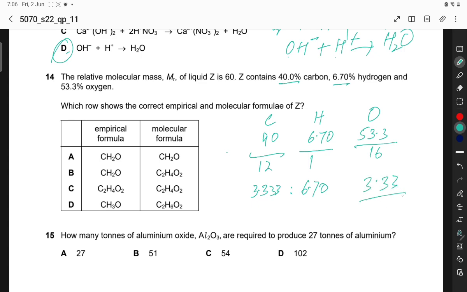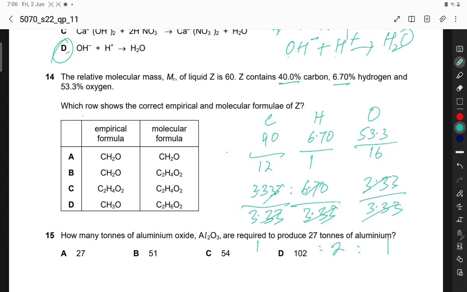Dividing by 3.33, this is equal to 1, this is equal to 2, and this is equal to 1. The formula is CH2O.